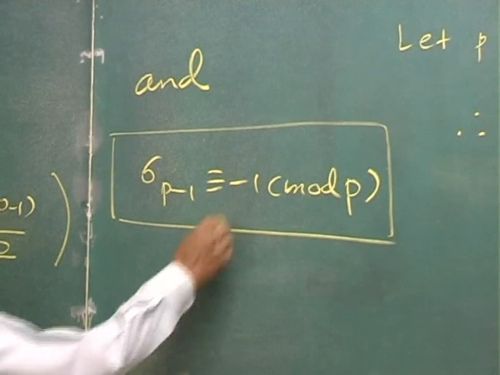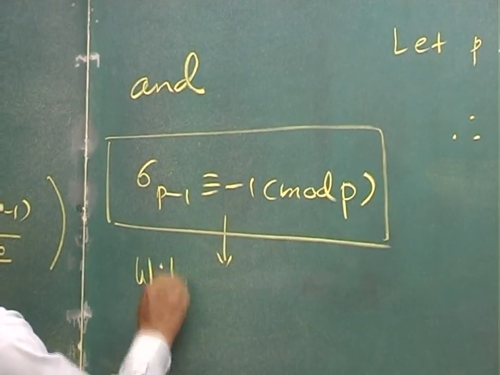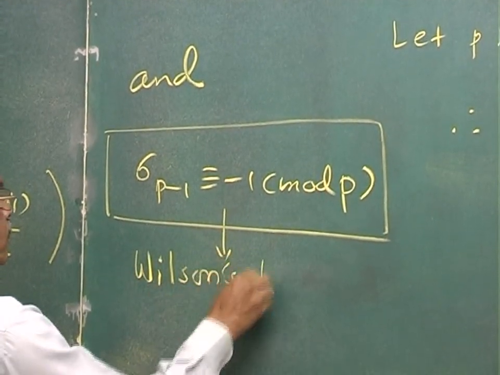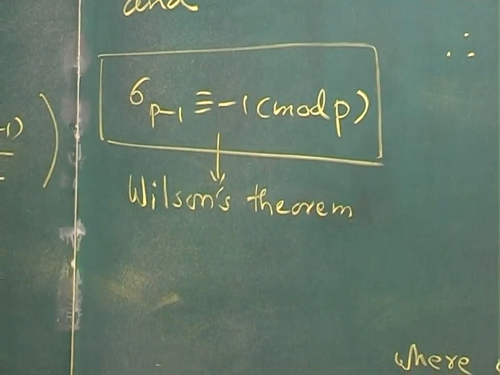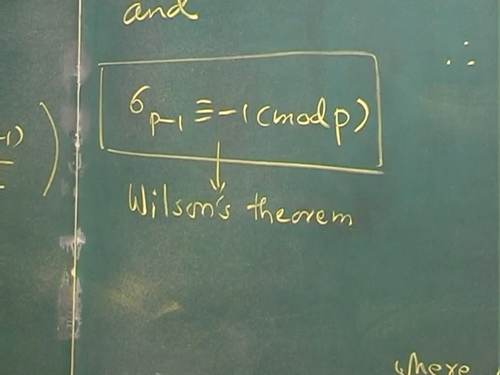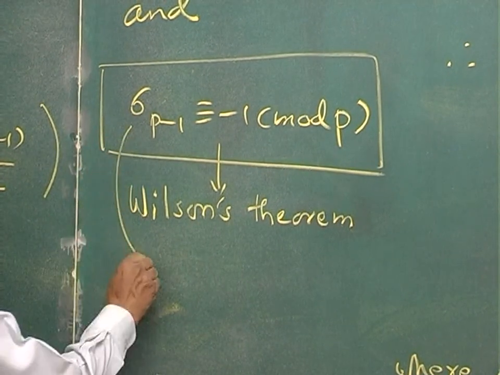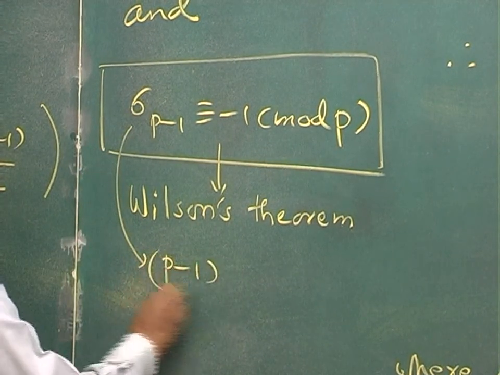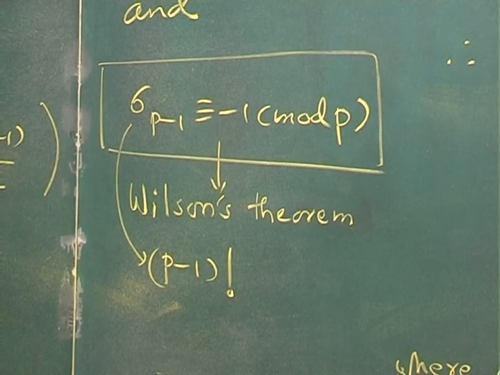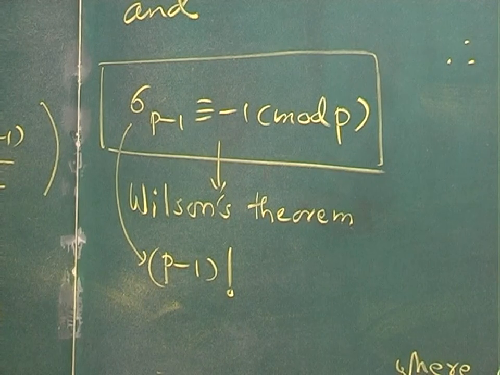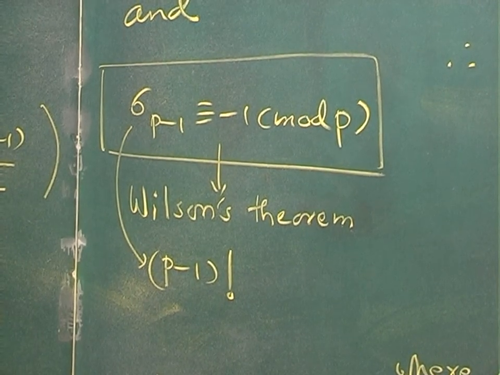And this is your Wilson's theorem, because sigma p minus 1 is nothing but p minus 1 factorial. So p minus 1 factorial congruent to minus 1 mod p is Wilson's theorem.